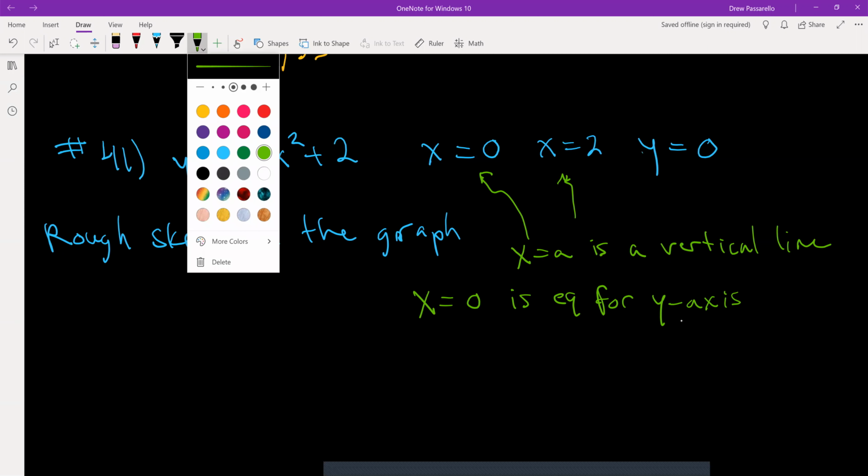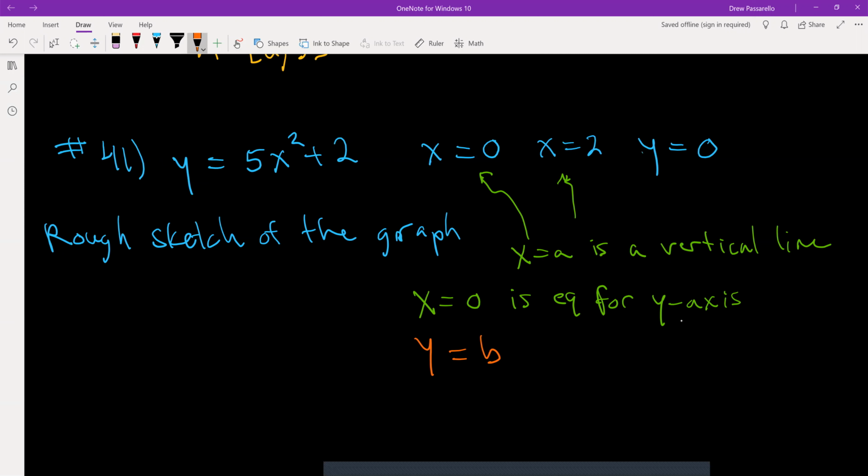If it was y equals some number, say y equals b, that's the equation for a horizontal line. In this case, they give us y equals 0.